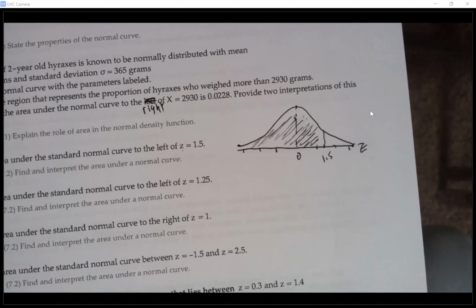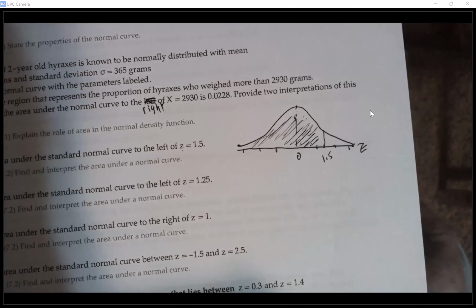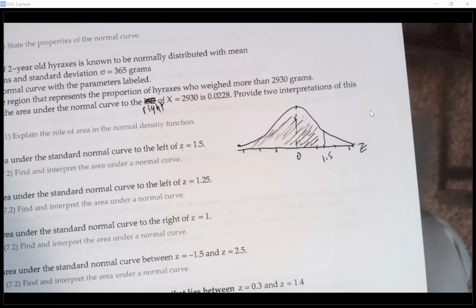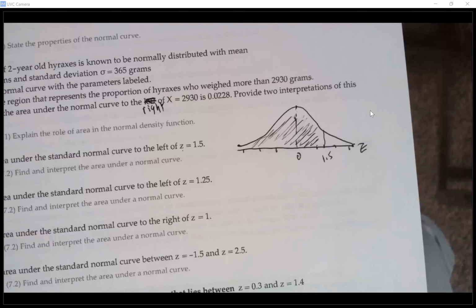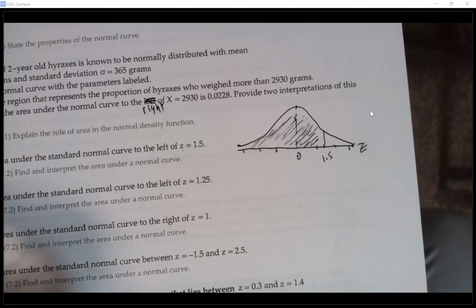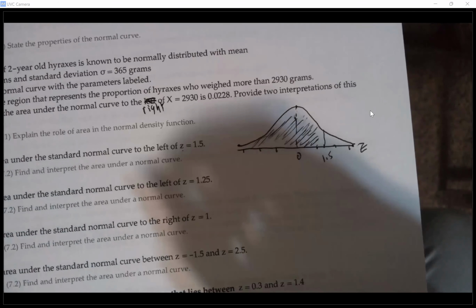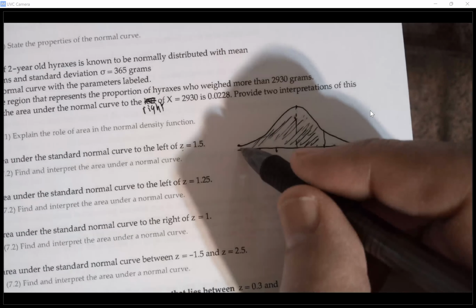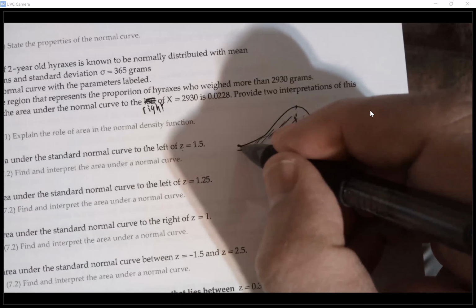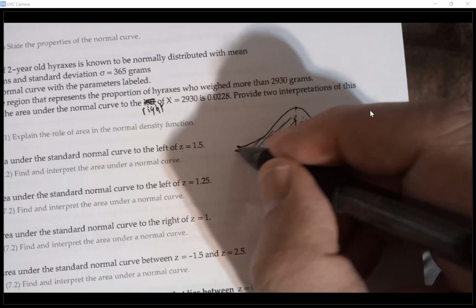Here's how we do this using the calculator. For the sake of using the calculator, you need to identify 4 things: the left bound, the right bound, the mean, and the standard deviation. The left bound is what borders the area from the left. As you can see, this curve extends forever here.